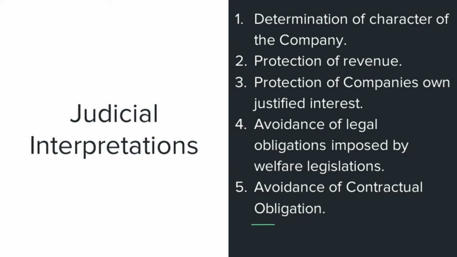That means it will ignore the separate identity of the company in the company's own interest. Thus, the corporate veil may be lifted for the company's own benefit if the court thinks it to be justified. The court will ignore the separate legal entity of the company.